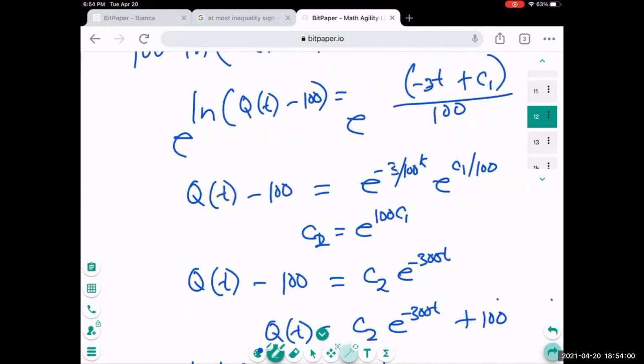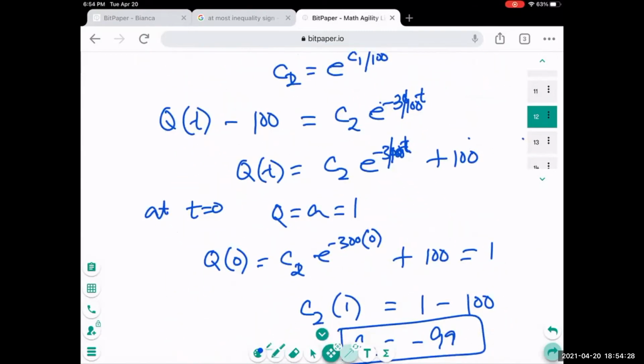Okay, so C sub 2 is equal to e to the C sub 1 over 100. So the exponent is negative 3 over 100 t again.